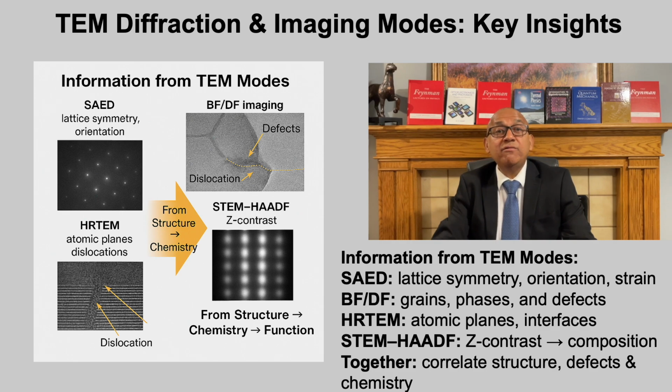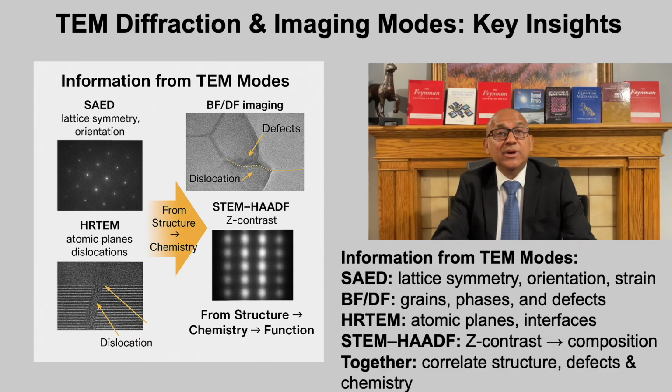It helps distinguish between single crystal and polycrystalline structures and between epitaxially and randomly oriented films. Bright and dark field images provide morphological context, showing grain boundaries, twin domains, precipitates, or dislocation networks. These modes are particularly useful for correlating crystallographic contrast with microstructural features.